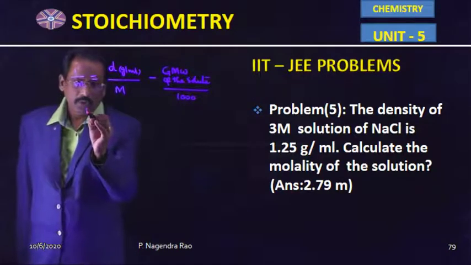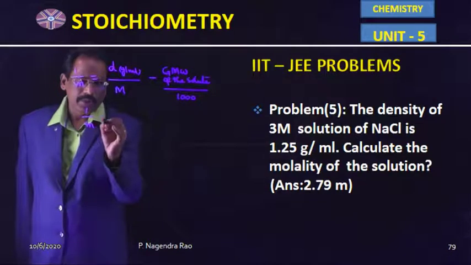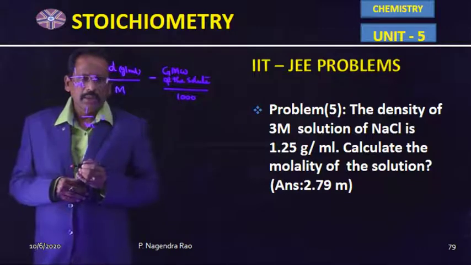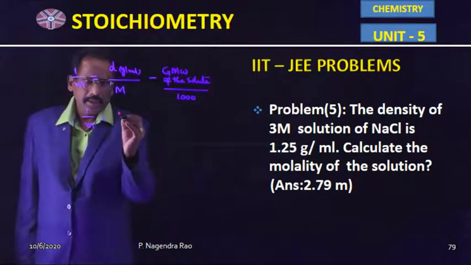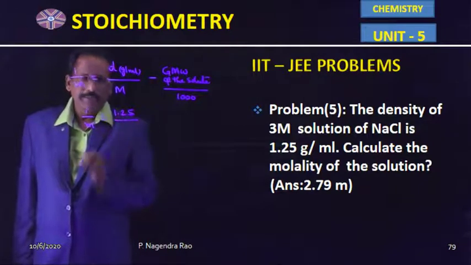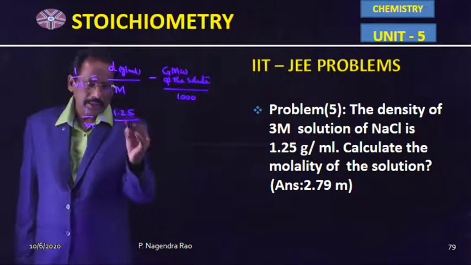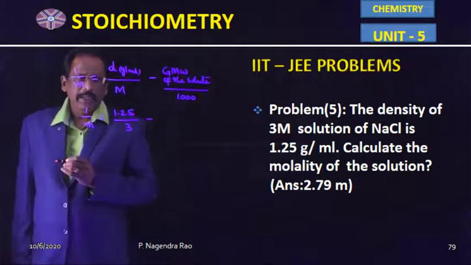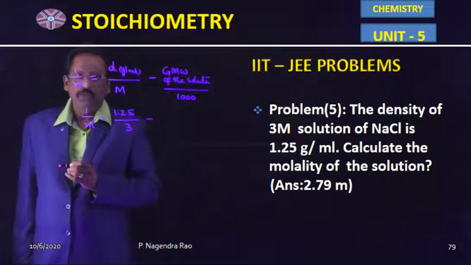Therefore 1 by m is equal to the density of the solution, in this problem 1.25 grams per milliliter, divided by the molarity of the solution, 3, minus the gram molecular weight of the solute.